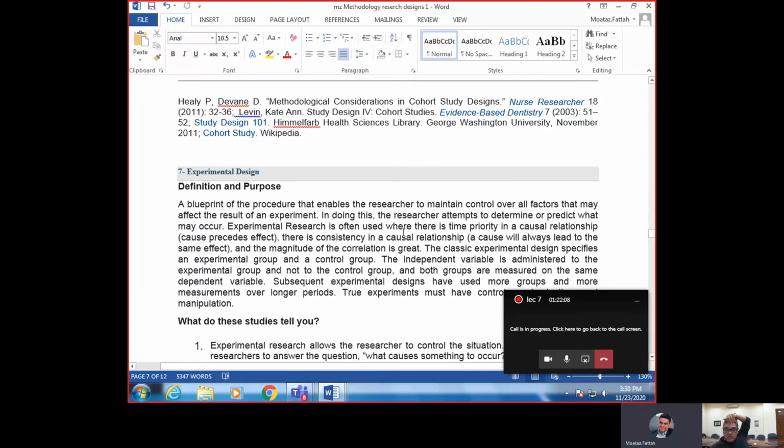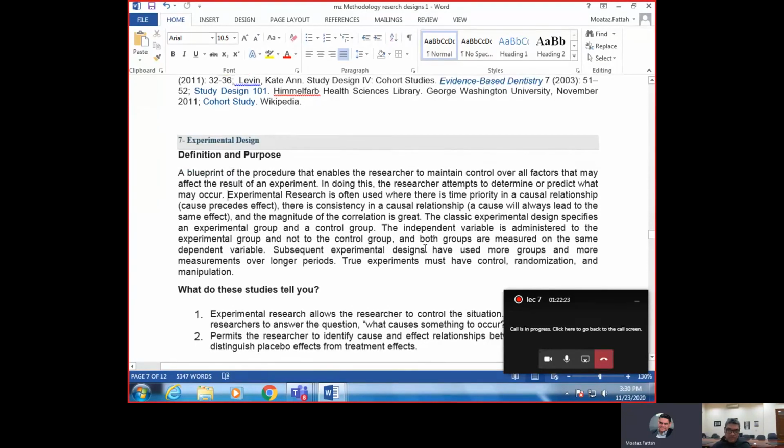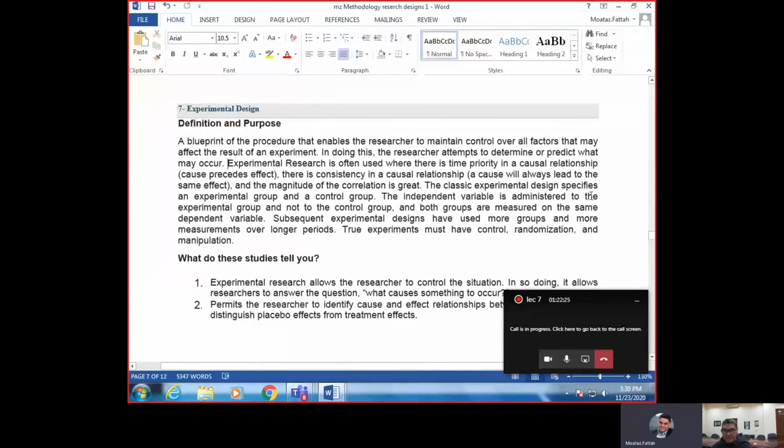It is often used where there is time priority in a causal relationship, cause and effect, and there is consistency in a causal relationship. A cause will always lead to the same effect, and the magnitude of the correlation is great. What I mean by that is the independent variable is administered to the experimental group and not to the control group.